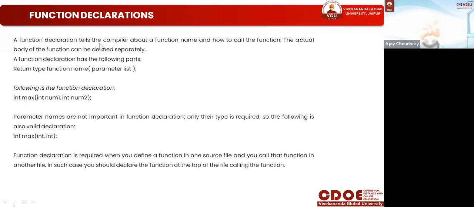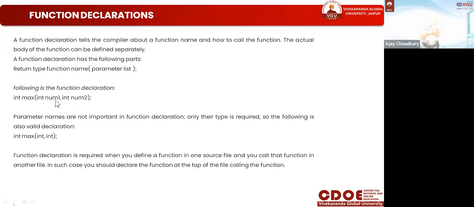A function declaration tells the compiler the function name and how to call the function. The actual body of the function can be defined separately. A function declaration has the following parts: return type, function name and parameters. This is an example. Parameter names are not important in a function declaration. If we do not write them here, that means our function is still okay.